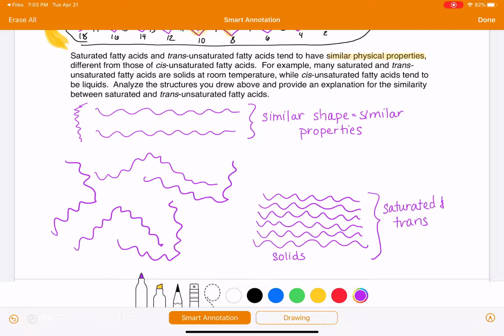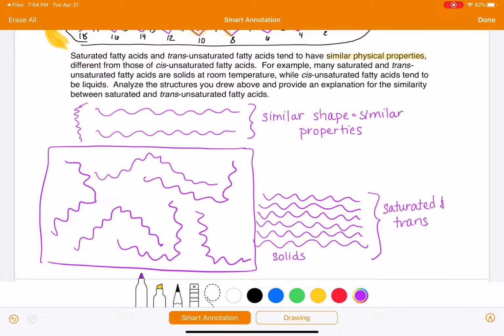There is a way for them to pack together, but it's just harder for them to find that configuration. And because they can't pack themselves together all nice and orderly, like these guys can, these tend to be liquids at room temperature. And also, they tend to not be clogging up the insides of our bodies. So this is the cis ones.